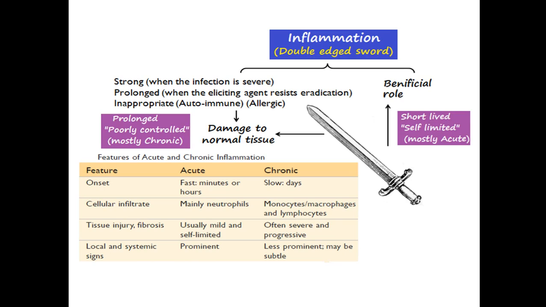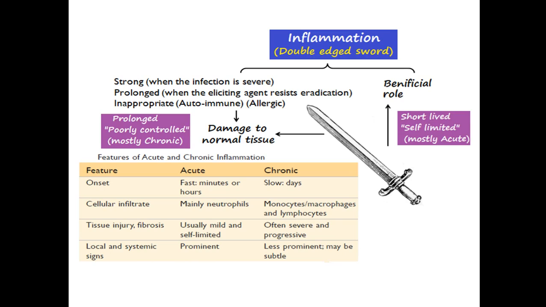In these conditions, if the inflammatory process is prolonged for more than 6 weeks, or for any reason is poorly controlled, it will lead to chronic inflammation. There are 4 major differences between acute and chronic inflammation.